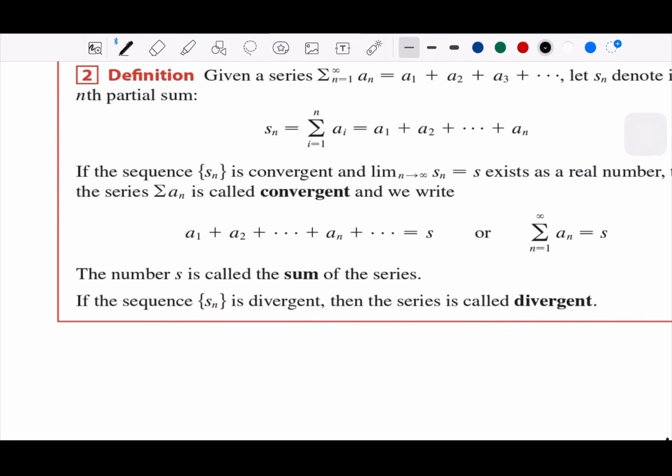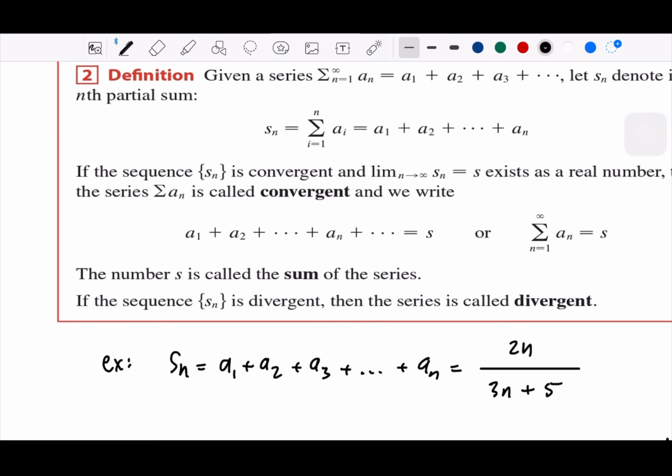If we are given, for example, let's say we have this is our Sn.